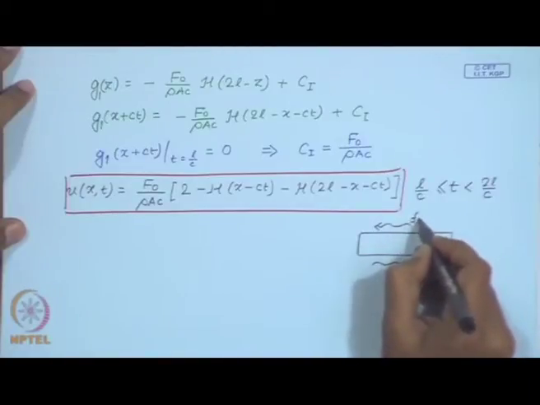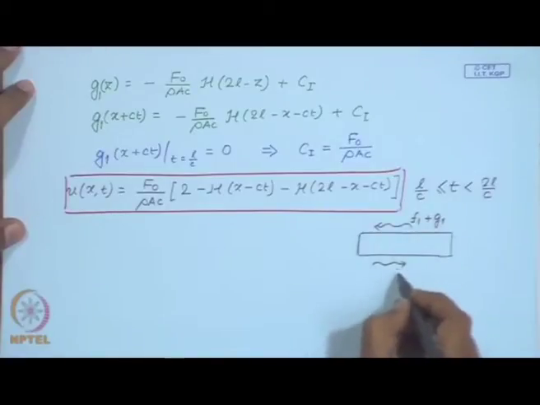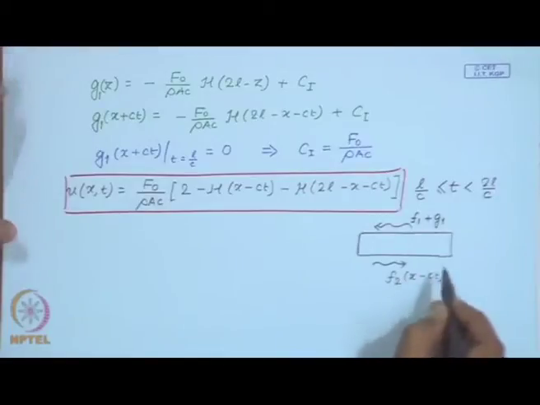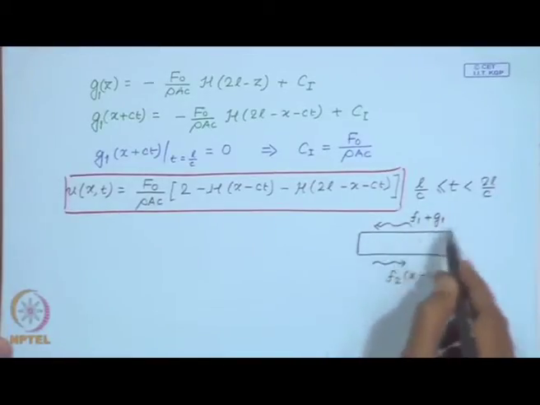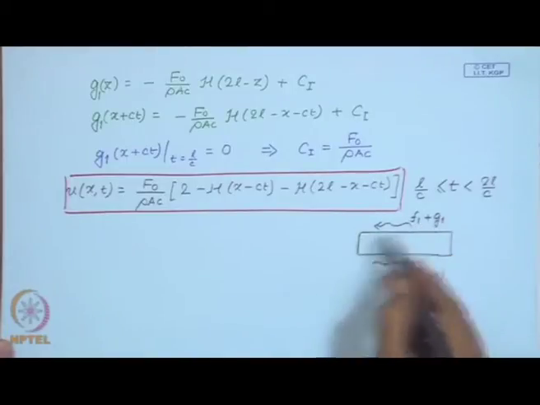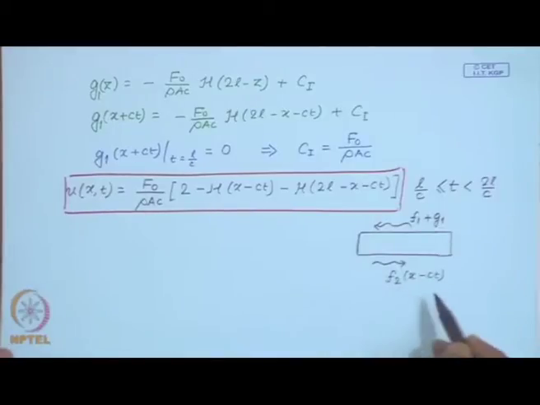So, this is f 1 plus g 1, I am not writing the arguments, and what I generate is f 2 of x minus c t. So, this f 1 was a positive travelling wave, g 1 was a negative travelling wave, the superposition is travelling now, and what it generates at this boundary is f 2.